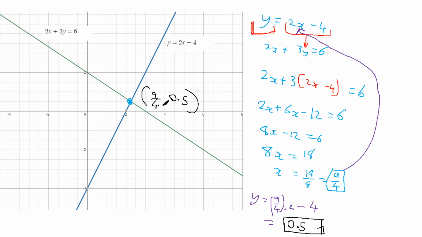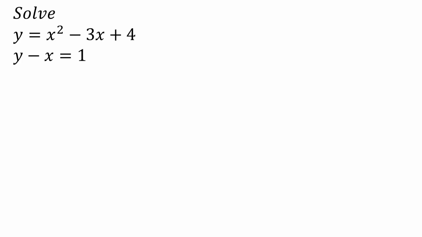But you usually use this method when you do quadratic simultaneous equations, like shown. So, how would we solve y equals x squared minus 3x plus 4 and y minus x is equal to 1? Well, the first thing we need to do is make y the subject. You can make x the subject, it's just a little bit easier to make y the subject in this case, and you'll see why in the next example.